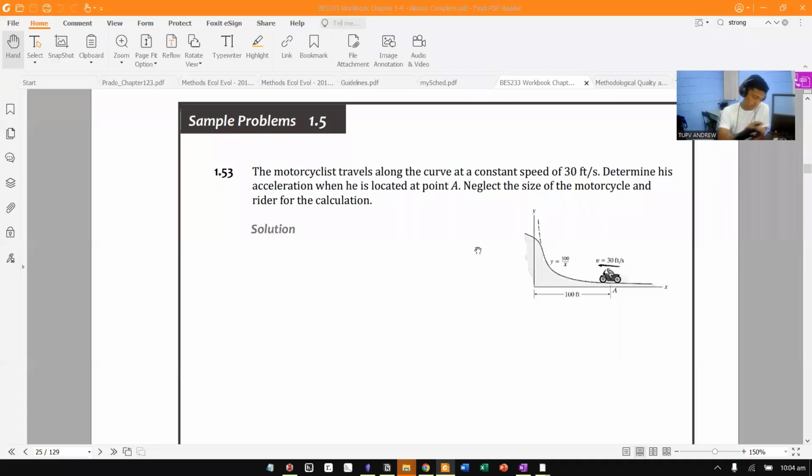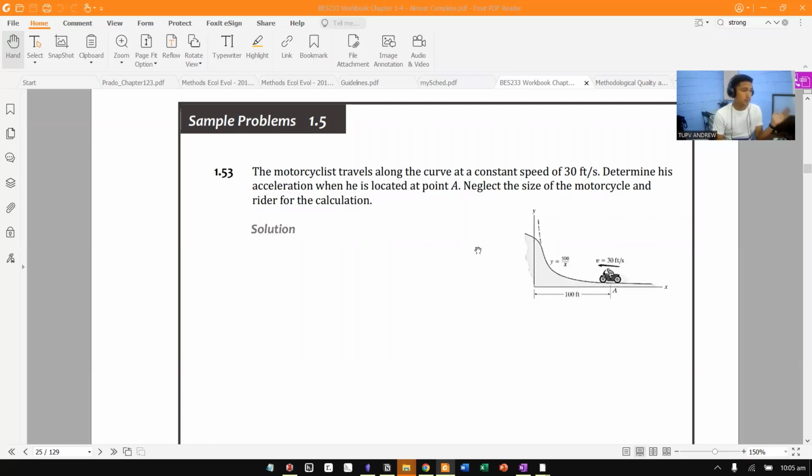Okay, so this is our third sample problem. Let's read. The motorcyclist travels along the curve at a constant speed of 30 feet per second. Another thing that we can derive from this given is that the tangential acceleration is zero because of constant speed.